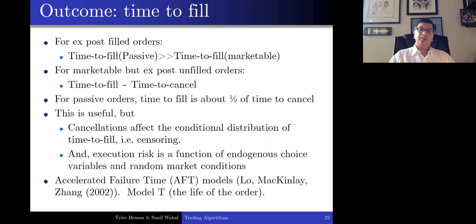So to model this in a cohesive framework, we estimate these accelerated failure time models that were first done by Lowe, McKinley, and Zhang back in 2002. These are parametric survival models. They use the gamma function. They're basically modeling the life of the order, but recognizing the fact that there's some censoring going on here.